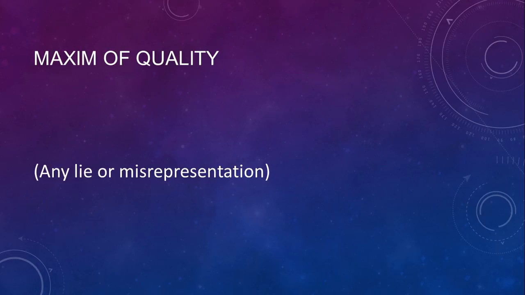Okay. So don't lie. Everybody assumes that you're at least trying to tell the truth. It is a misrepresentation, but not via the maxim of quality, right? It's not that you misrepresent it by saying something false, which is what violates this maxim. Good.